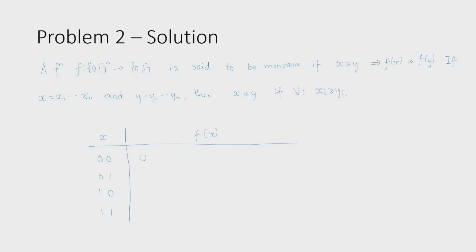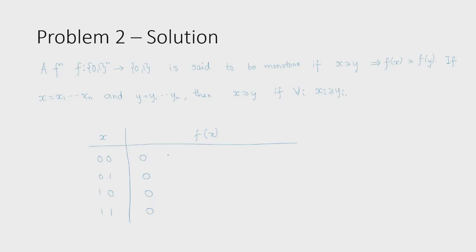Let's first try 0. Since f(00) is 0, f(01) also has two possibilities, 0 or 1. Let's try 0 first. Similarly for f(10) we again have two possibilities, so let's try 0 first, and same with f(11). So this gives us one monotone function, the all zeros function.